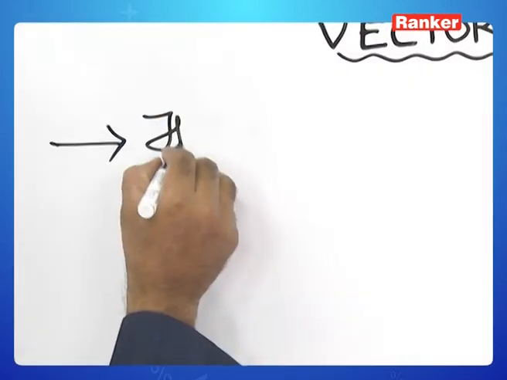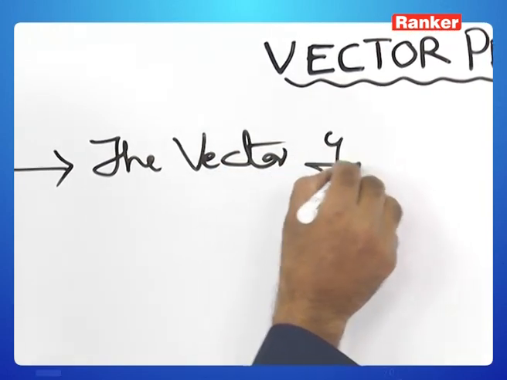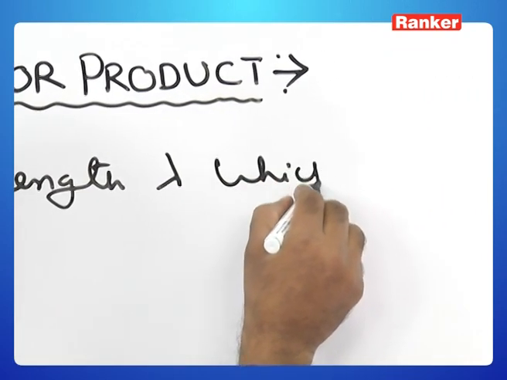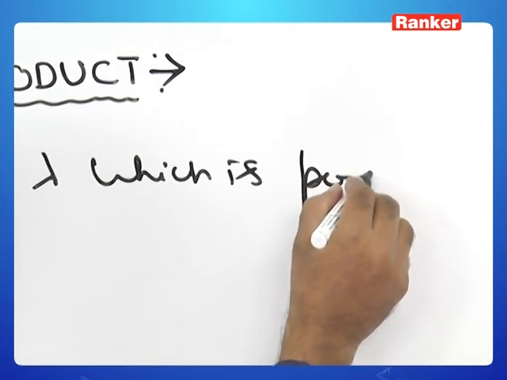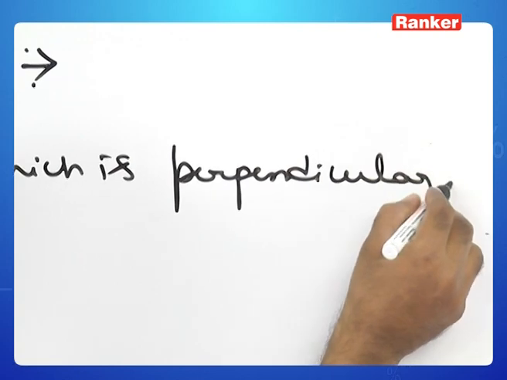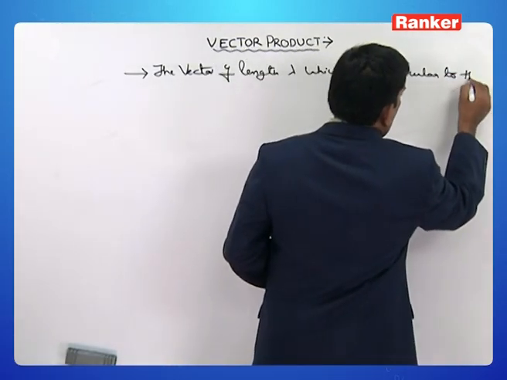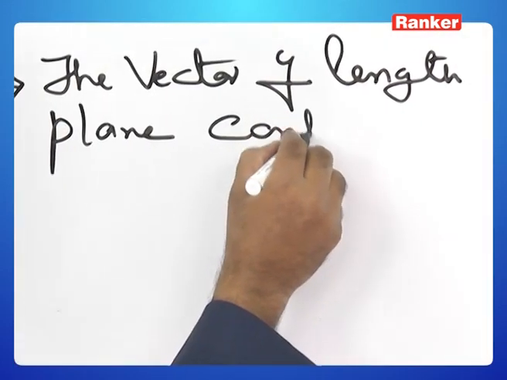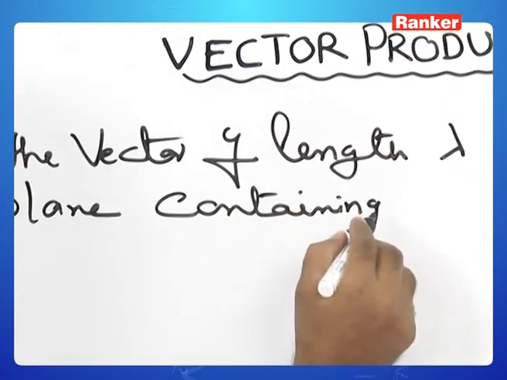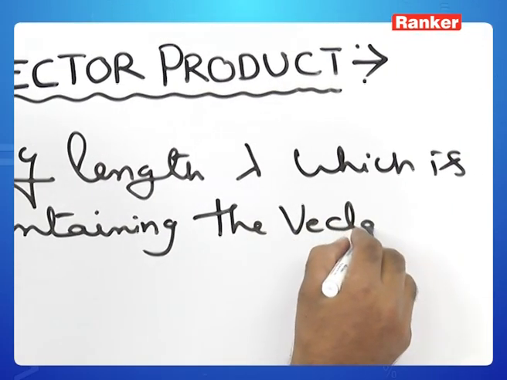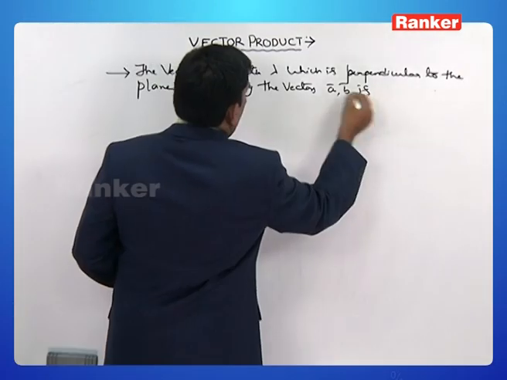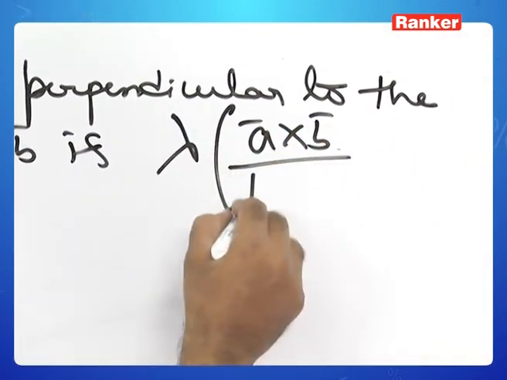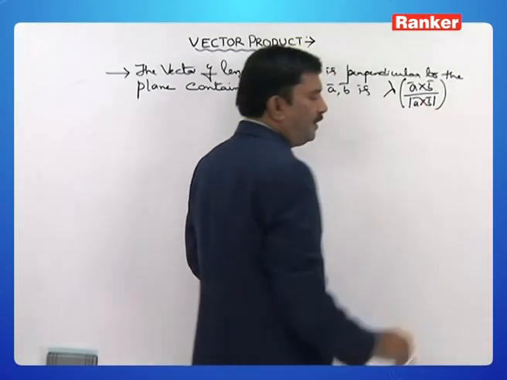Next point is the vector of length lambda which is perpendicular to the plane containing the vectors A bar, B bar is lambda into A bar cross B bar by modulus of A cross B.